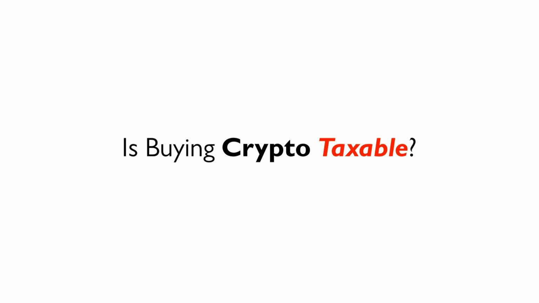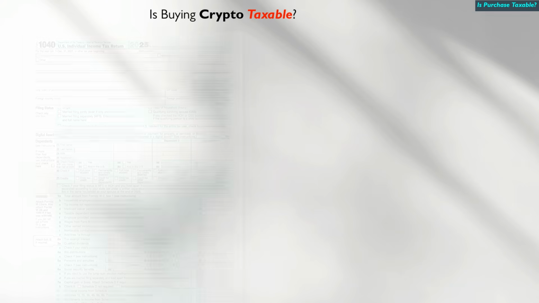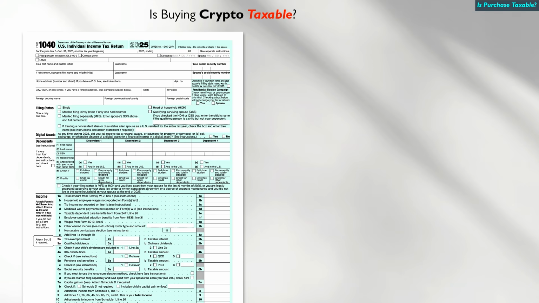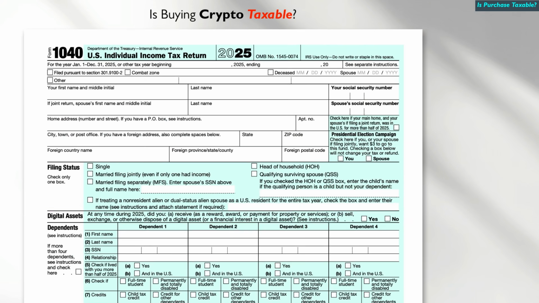Now, is this transaction taxable? On the 2025 Form 1040, at the very top under your filing status, there is a question that asks whether at any time during the year you received, sold, exchanged, or otherwise disposed of digital asset. Simply purchasing crypto on Coinbase does not trigger a yes to this question.